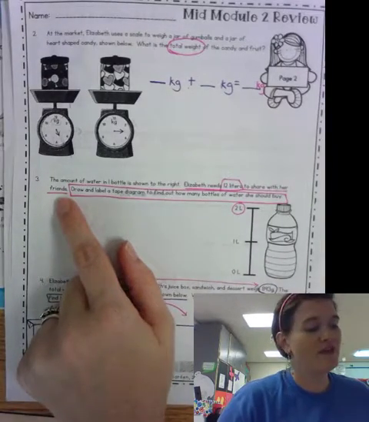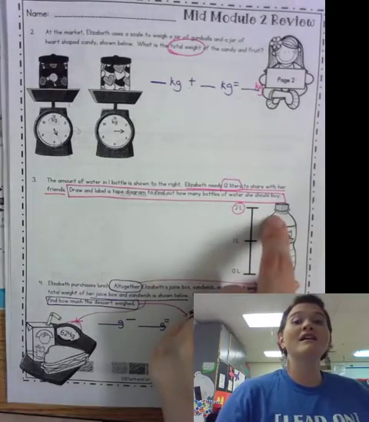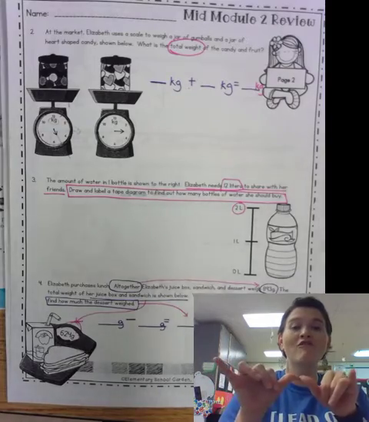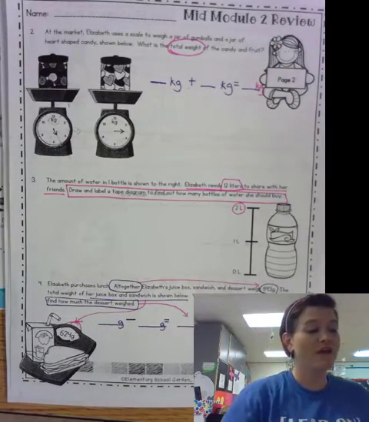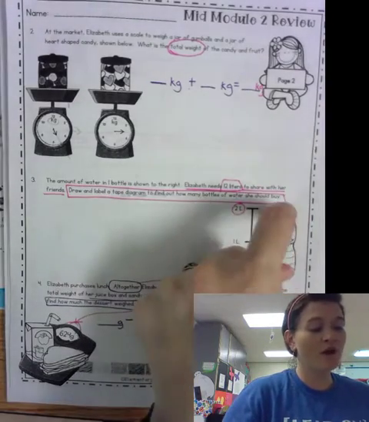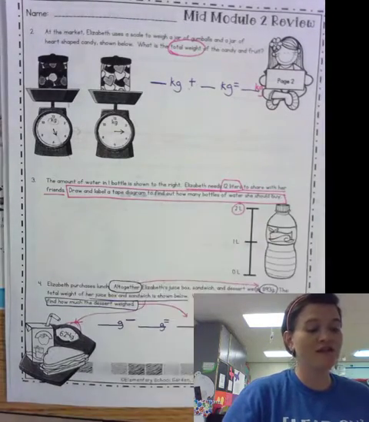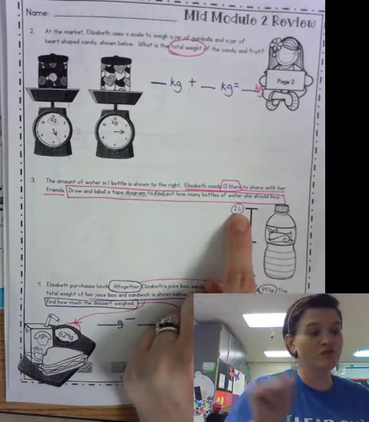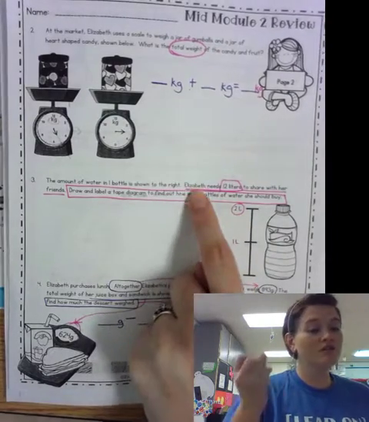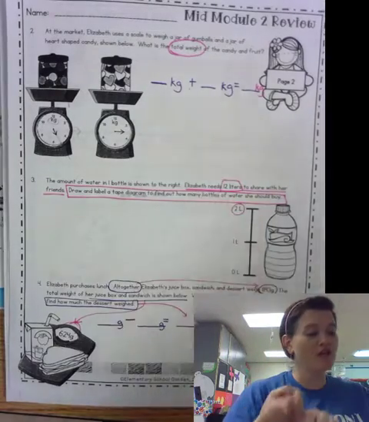Number 3, we're talking about capacity and measurement of liquids. So that's liters. It's just an L. This is a bottle of water. It shows how much water is in there, and I've already circled that amount. So I want them to be able to see that, but that amount is 2 liters. Elizabeth needs 12 liters to share with friends.